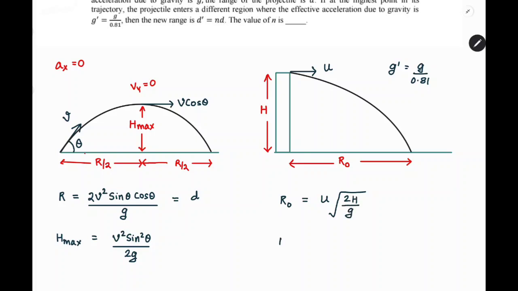So over here in this case r naught is equal to, so this term u is going to become v cos theta, then we have root over 2h, so 2 times the term for h will be v square sine square theta by 2g, and then we have the value of acceleration due to gravity which is in this region. So this value is equal to g upon 0.81. So this is the expression for the range r naught which we have.